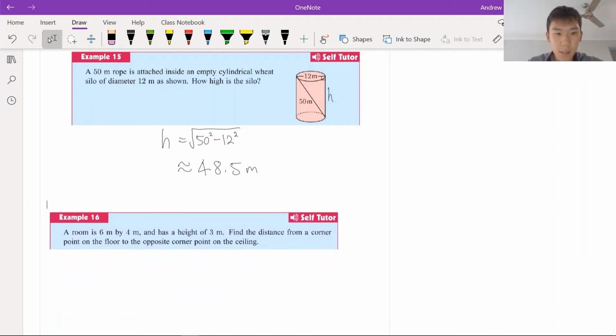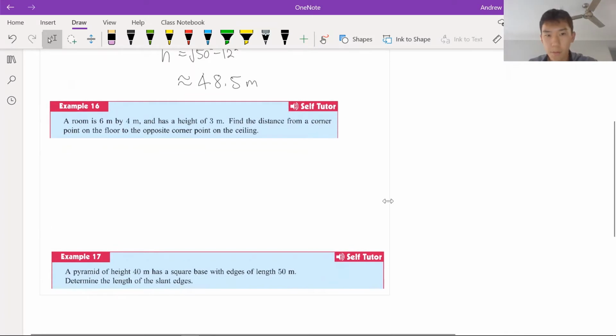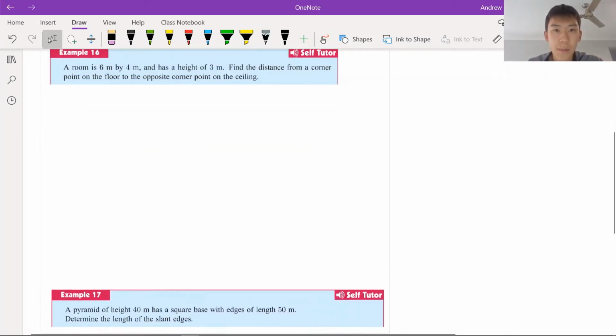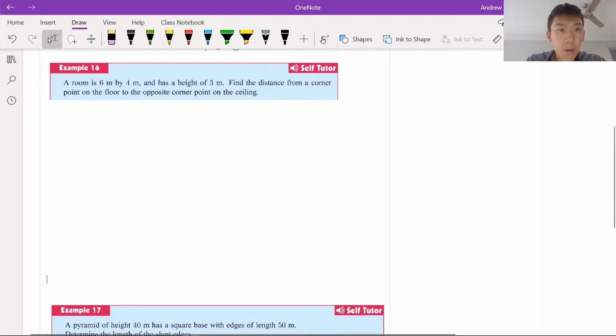Okay, let's do example 16. A room is 6 meters by 4 meters and a height of 3 meters. Alright, so we've got a rectangular prism here. Find the distance from a corner point on the floor to the opposite corner point on the ceiling. 3D gets a bit more tricky to draw, but I'll do my best to draw this room.